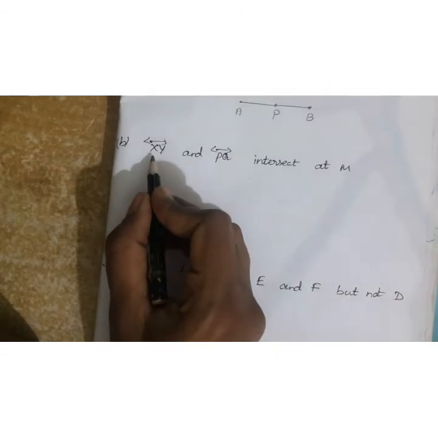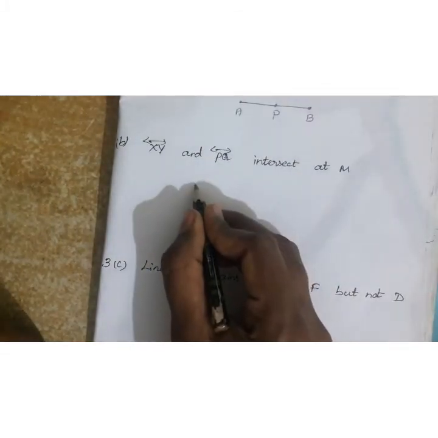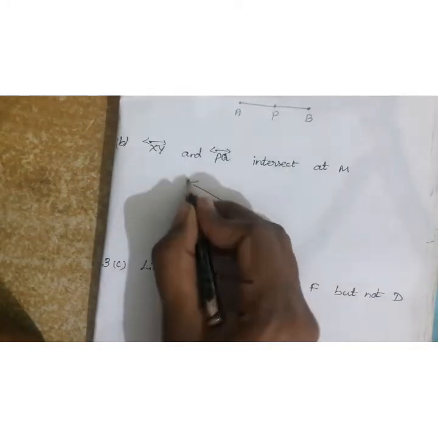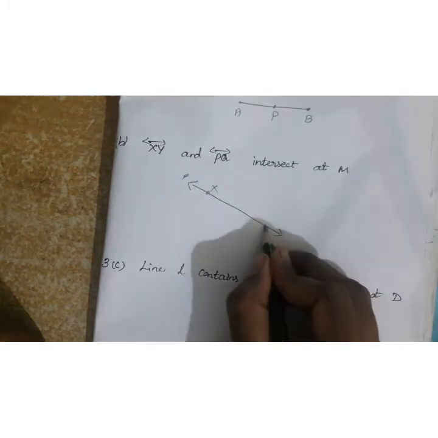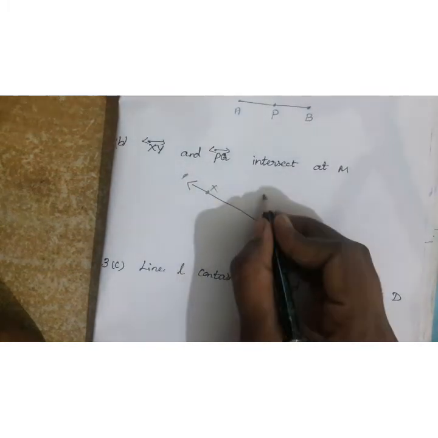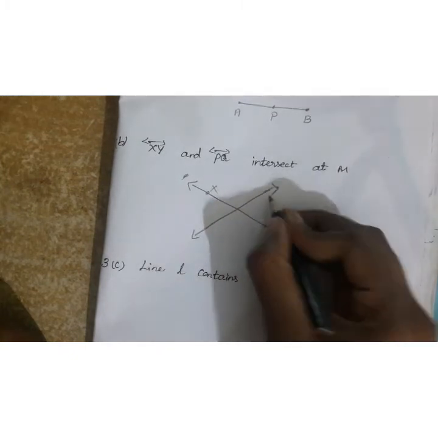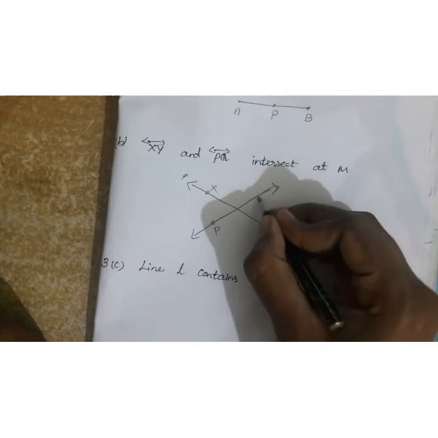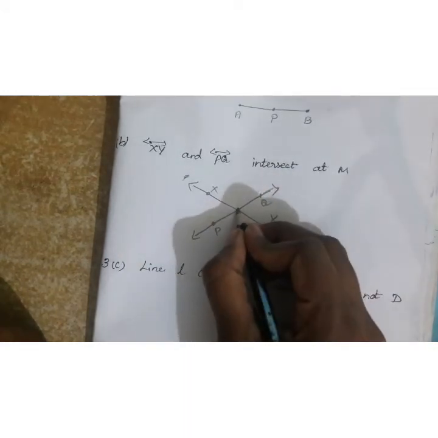B part: line XY and line PQ intersect at M. So draw lines XY and PQ intersecting at M.